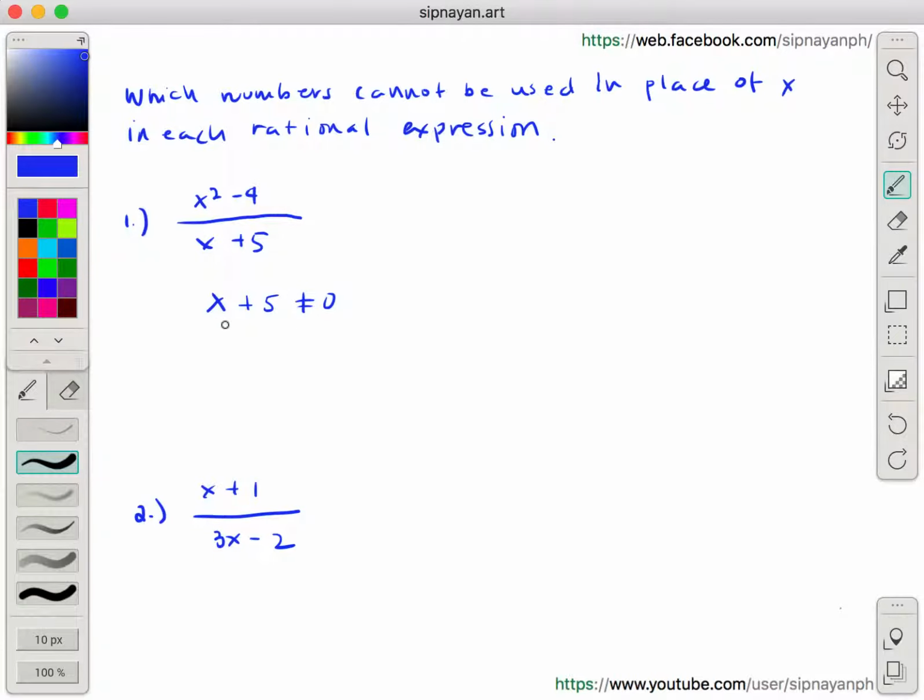So, if x plus 5 is not equal to 0, we subtract 5 from both sides, as if we were equating.